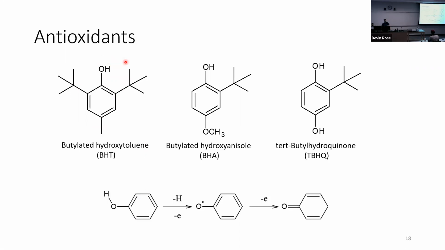Here's our phenolic group on all 3 of them. And then down here, this would be their antioxidant activity. It's exactly the same as vitamin E, so they work through the same mechanism. We lose a proton and an electron to form this stable radical. And then if we need to, we can give up another electron. So that same reaction that we saw with vitamin E happens with these.